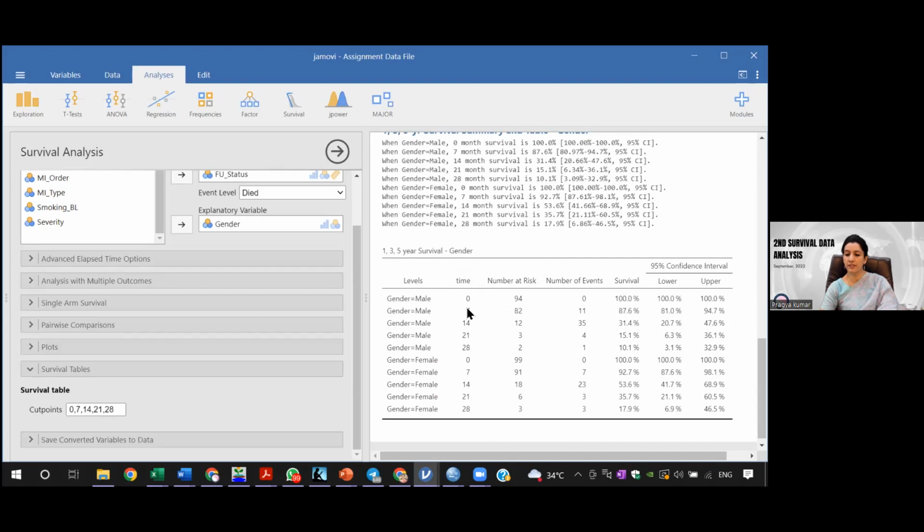So it is 0, between 7 to 14, and between 14 to 21. Between 14 to 21, it started with like 82, and then there was an event in 35 and the rest were censored. So ultimately after these two, only 12 remained. So you can't compare it in a single line. Is it okay, Venkatesh? Okay, ma'am.